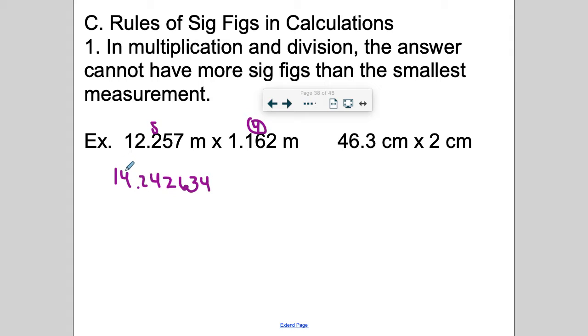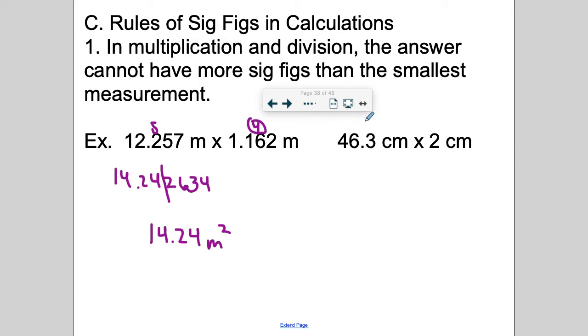So I go 1, 2, 3, 4. I'm just going to draw a little line to show that. And I look at the last digit and ask myself, can I round up on this 4? No. So your answer is just going to be 14.24. So multiplication is pretty simple. What's your unit? Meters squared. Meters times meters is meters squared.